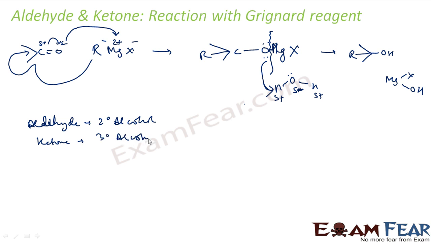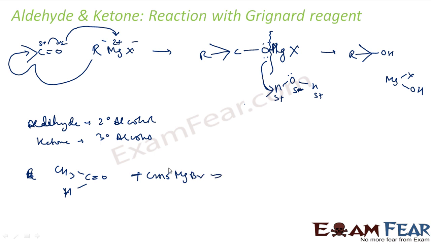I can show you how. See this one, right? It is my this. So if I add H here and R here, let me show you. Or let me take one example. This is my aldehyde. So with this, if I add RMgX, let's suppose I add C2H5MgBr, right?